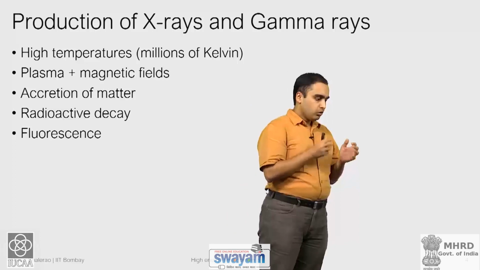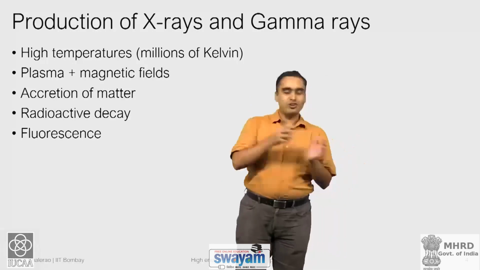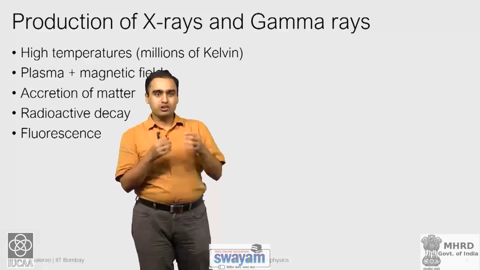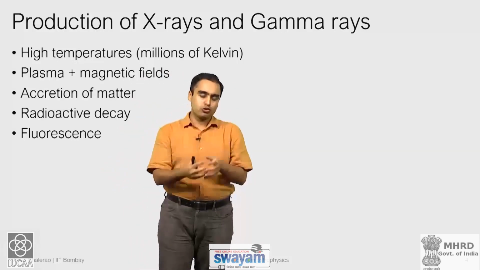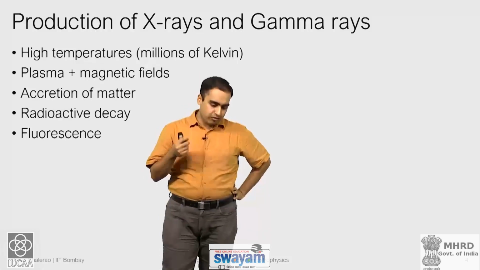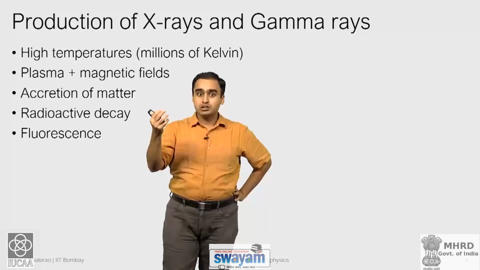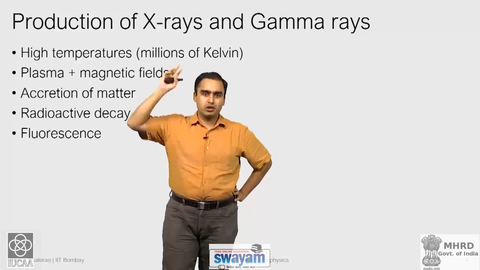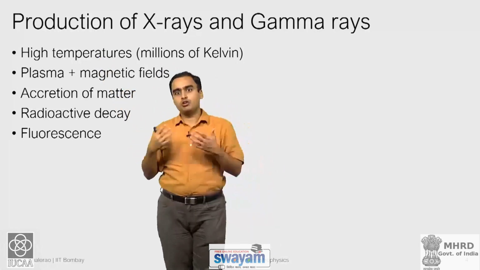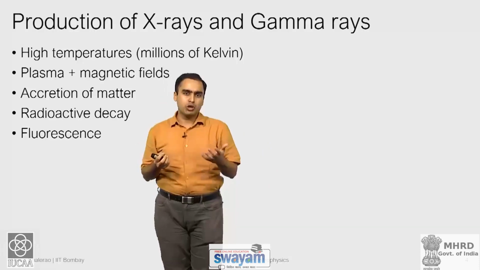So, what science can be enabled? First we have to go back, although you have learned this in other modules, and do a quick revision of the sources of producing X-rays and gamma rays. The first is of course thermal emission, which can work in the X-ray regime. If you have temperatures which are millions of kelvins, you can emit what are called soft X-rays with energies up to a few keV.